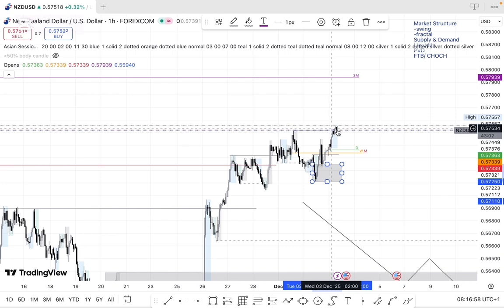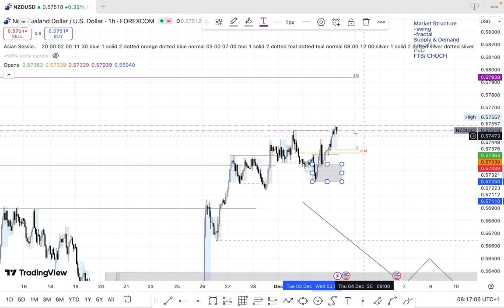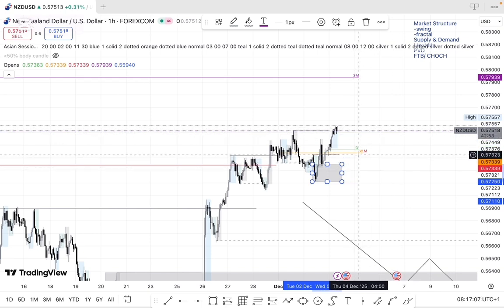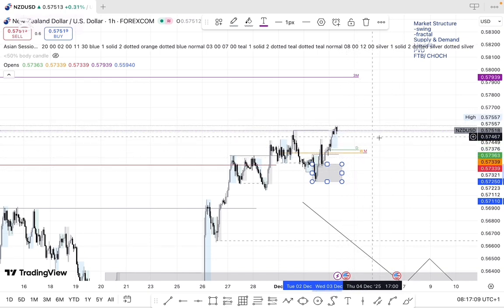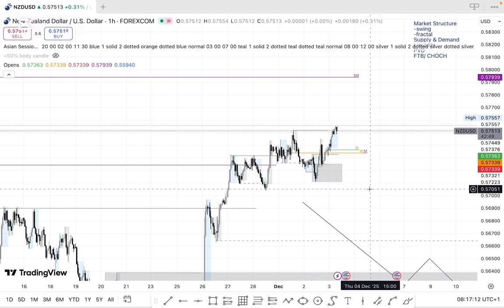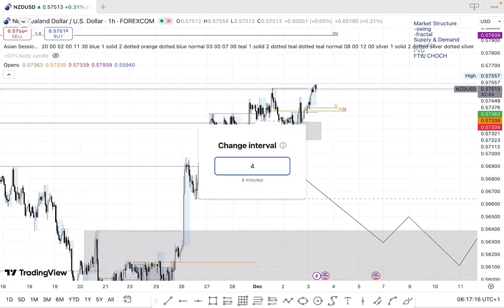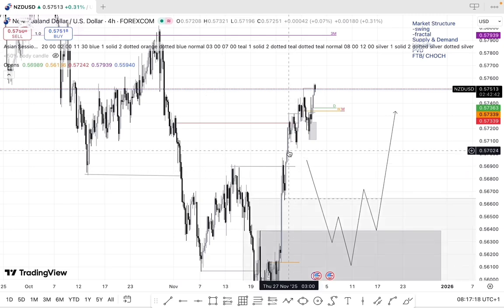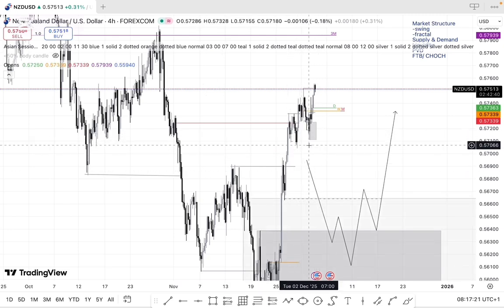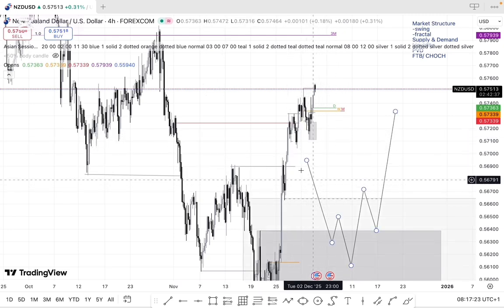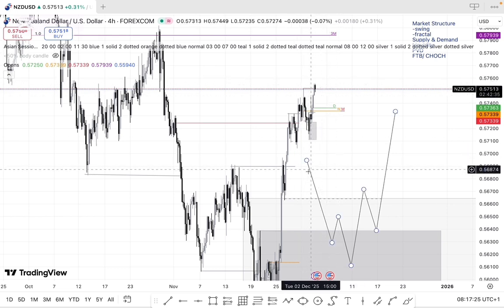Now we have seen price taking out the previous high, so I expect price to maybe give us another form of structure and continue with the trend. Or maybe later in the future, this zone, this structure we see here, would act as liquidity for price to retrace and continue with the trend.